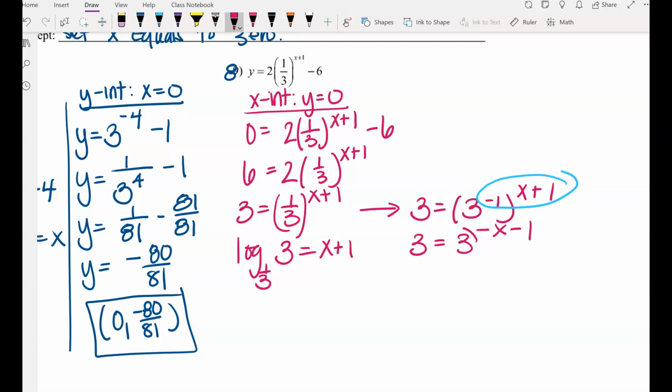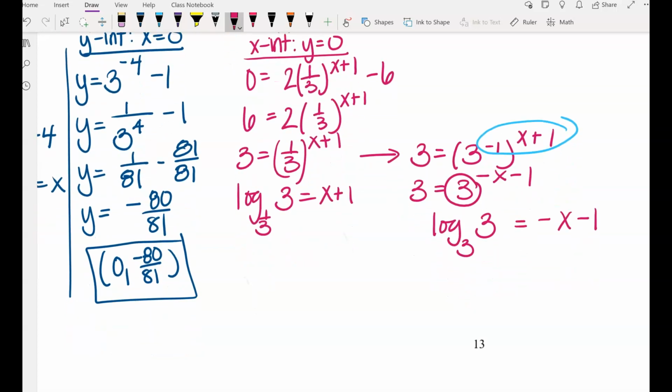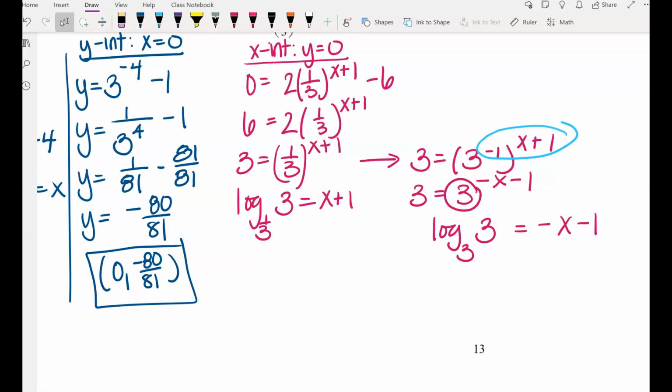So here I have a base of 3. So log base 3 of 3 equals negative x minus 1. We are going to solve for x, okay? And keep it as an exact. And then I'm going to ask you to see if it's possible, if need to, punch it in. But let's go from here.